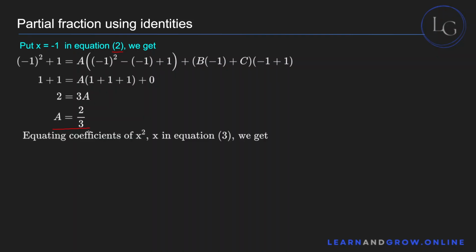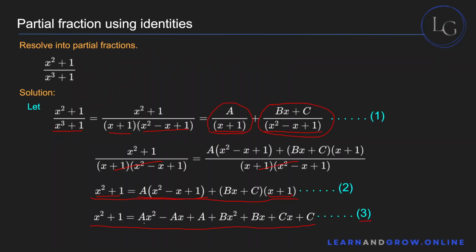Now we'll equate the coefficients of x squared and x on the left hand side and the right hand side in equation number 3. What was equation number 3? This was equation number 3. Now when you actually simplify this, you can see that a plus b is the coefficient of x squared and minus a plus b plus c is the coefficient of x, and at the end you're left with plus a and plus c as the final constants.